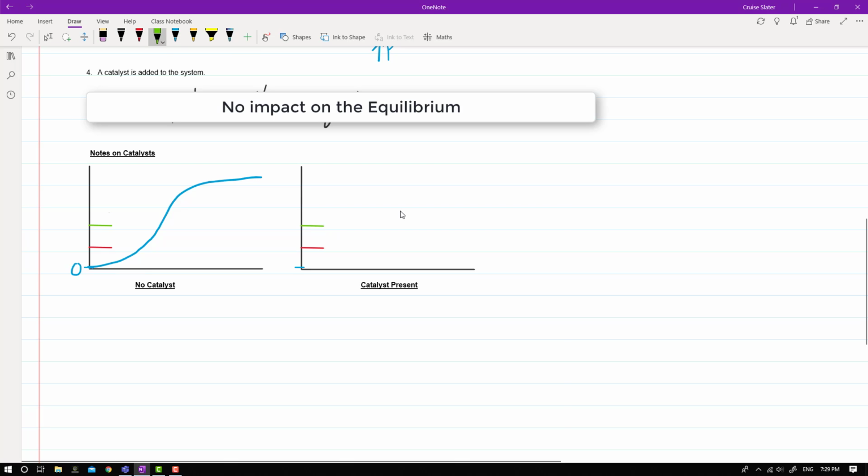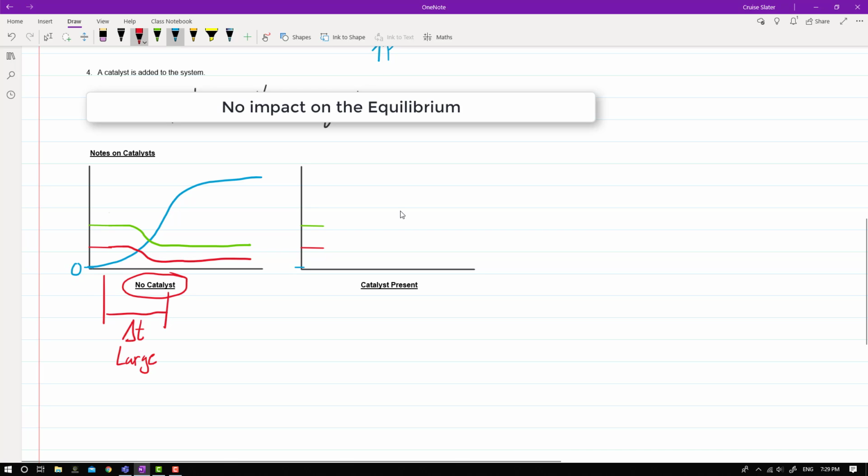And then we may see something like this where the hydrogen gas is slowly being consumed to a new equilibrium. And then we might see our carbon monoxide also slowly consumed to a new equilibrium. And that's with no catalyst. So that change of reaction over time, the delta T, is going to be large.